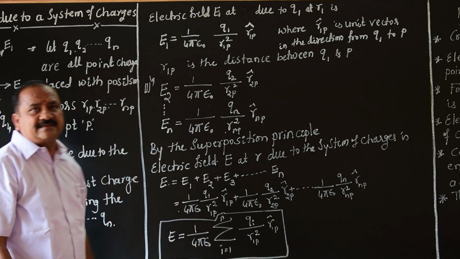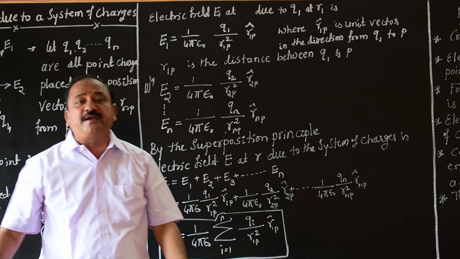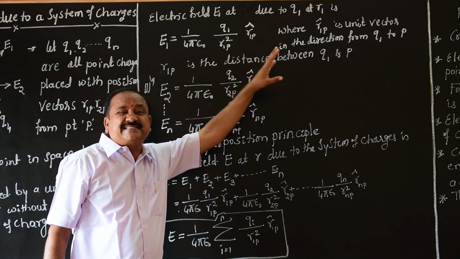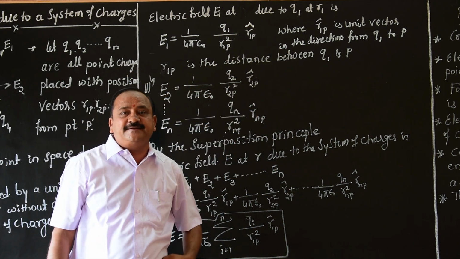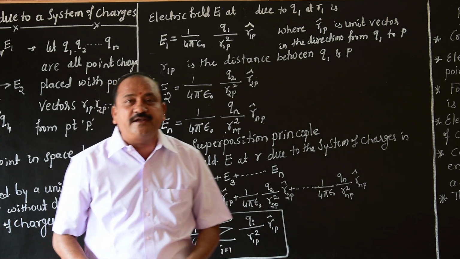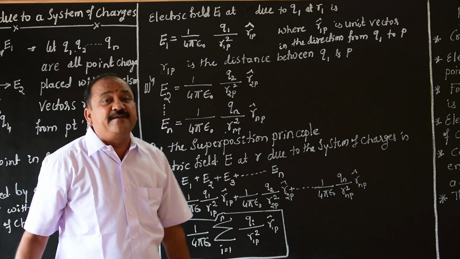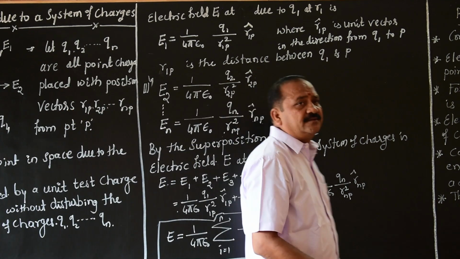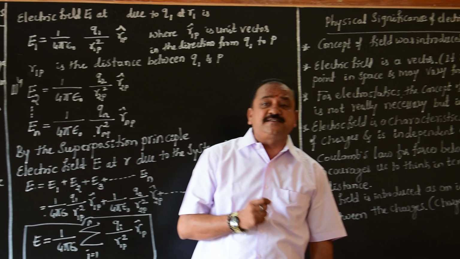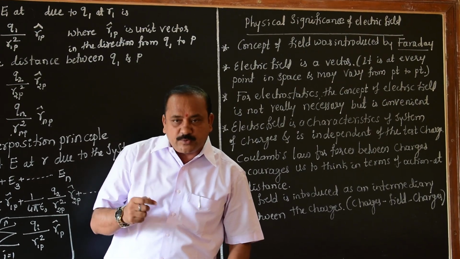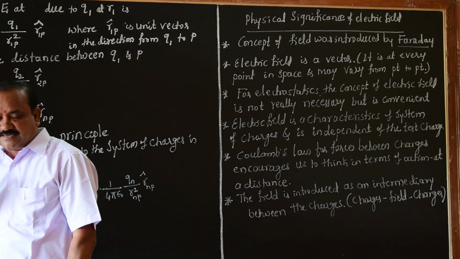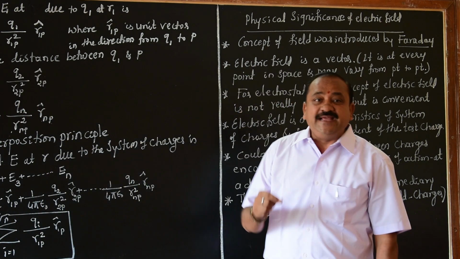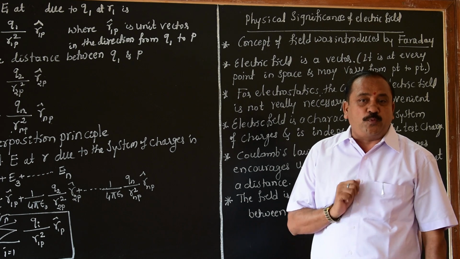Apart from this, we go to the next concept, the physical significance of the electric field. You should try to understand what the electric field is at a point due to a point charge.